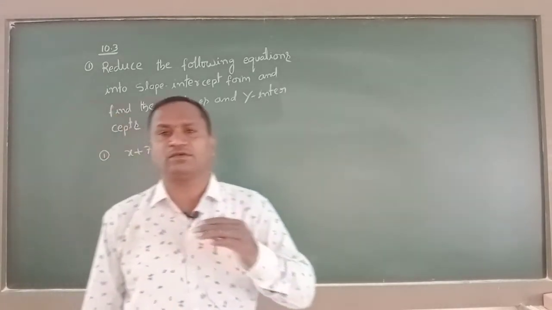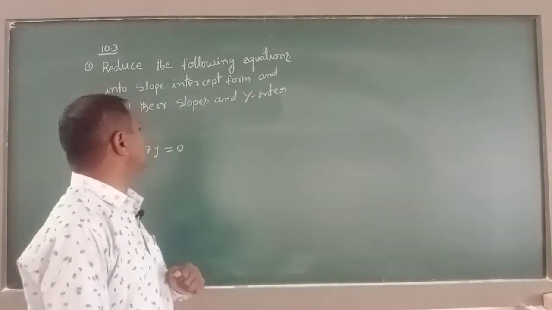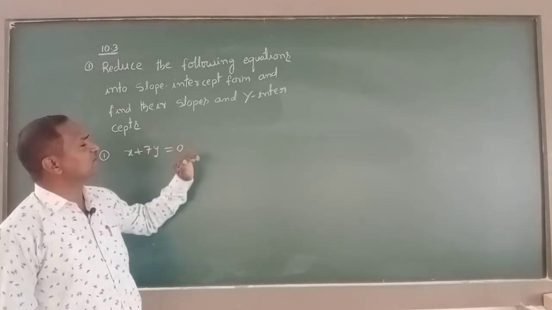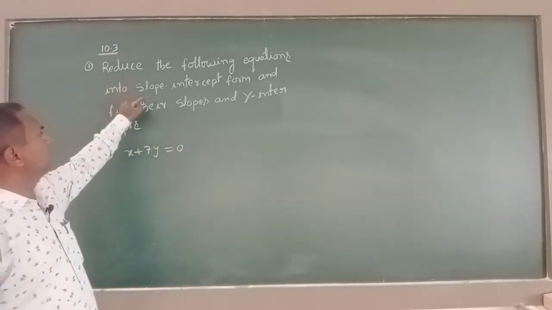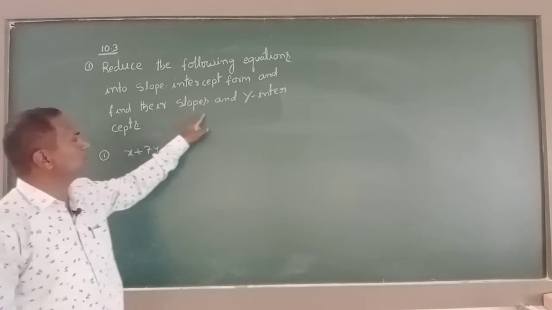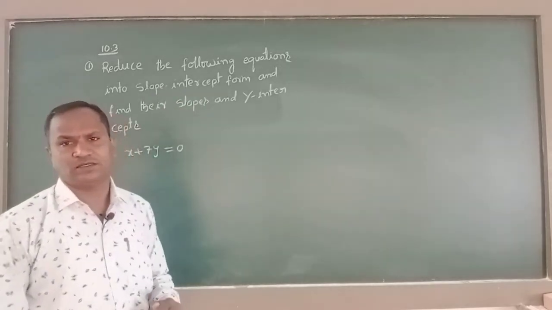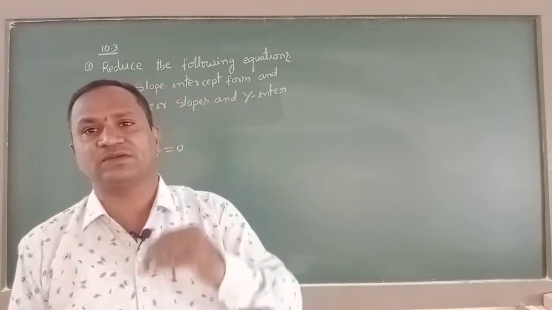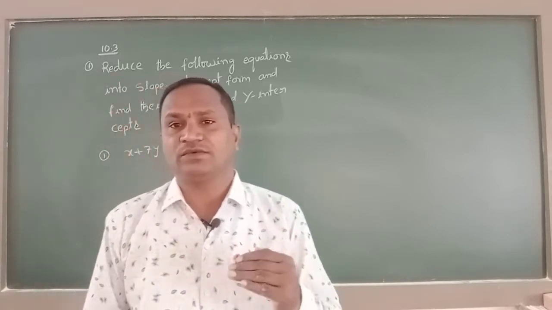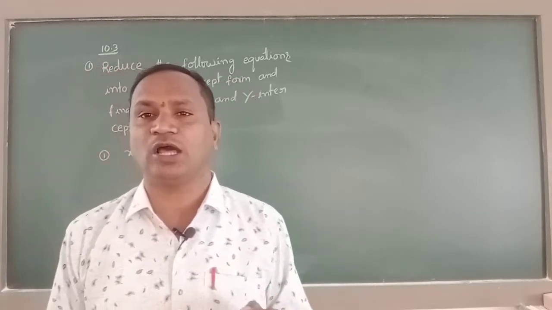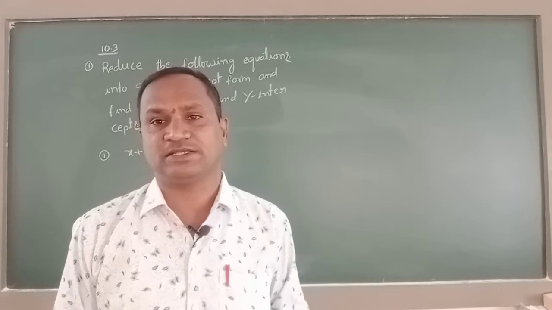We are going to convert into y is equal to mx plus c, because y intercept form means after mentioning the slope intercept form, they are asking values for slope and y intercept only. That's why here we have to apply the slope y intercept form, y is equal to mx plus c.